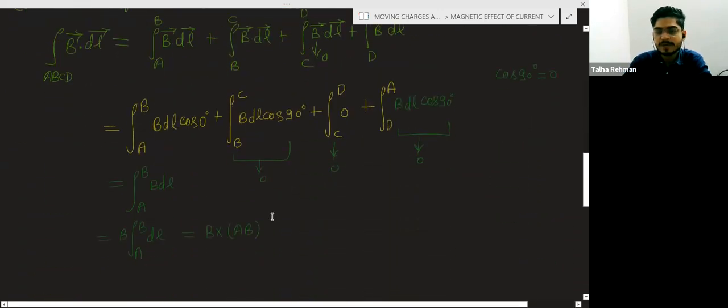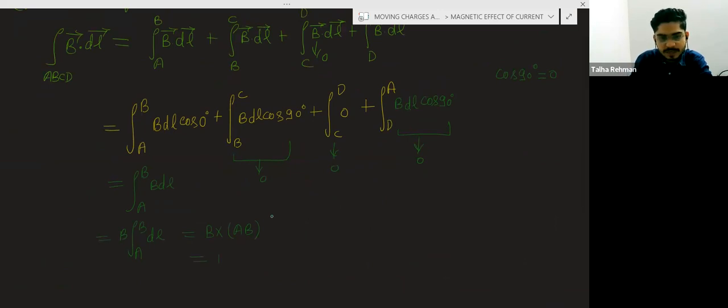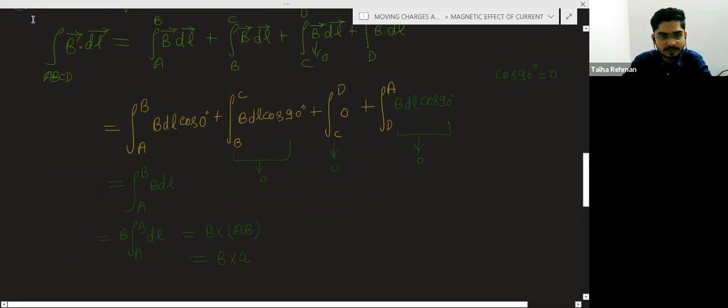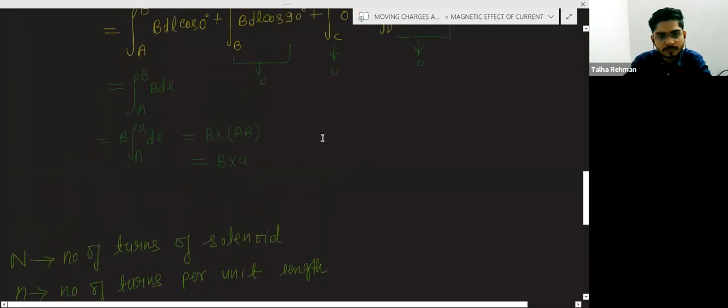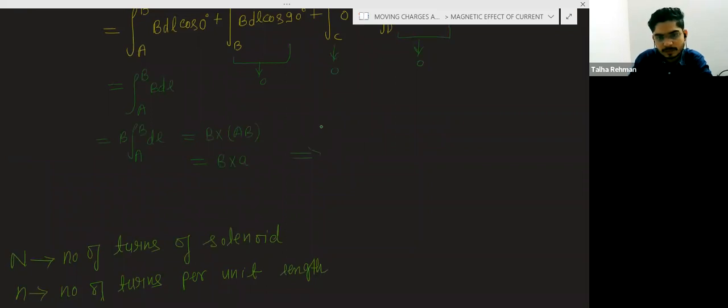So this AB will be a, because this is a square and all sides are equal. So B into a. So the line integral of magnetic field along the square ABCD is equal to Ba. This is your equation number 1.